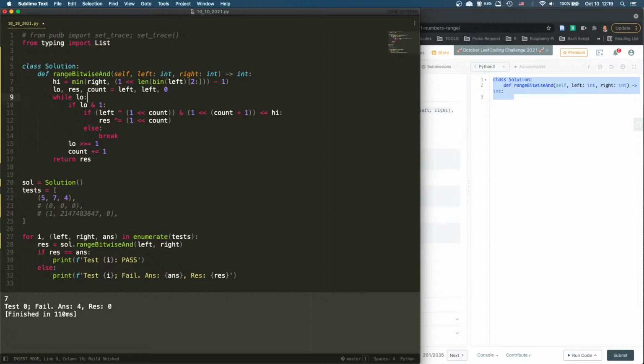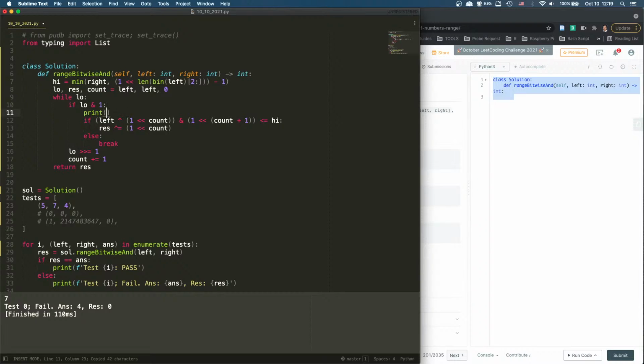And then every time I just need to print out the binary of this. So it's binary of this, right? So this is going to be the every time. So we just print binary of this. Oh, so something wrong with here. All right. So count is 0. This is 1, right? Left.